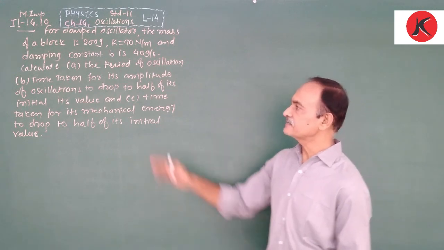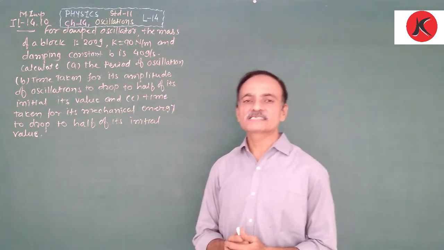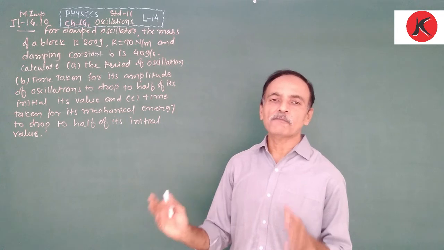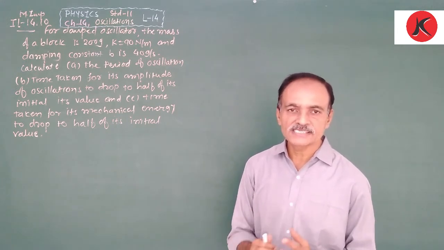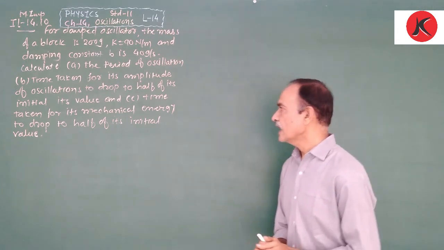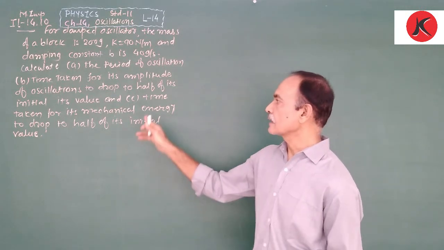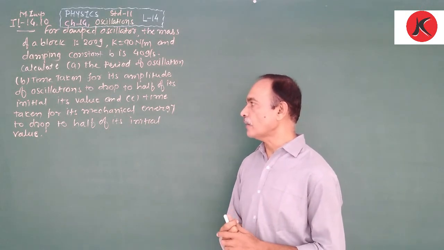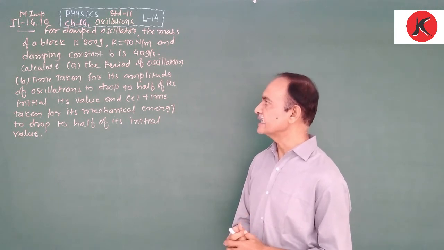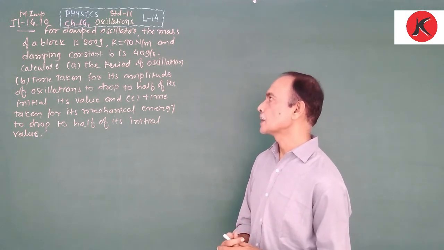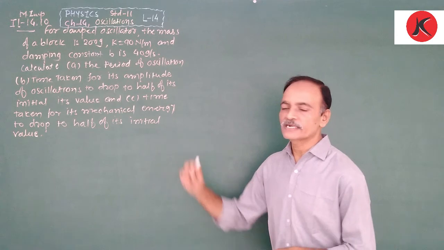That means we have to find out the time for which the amplitude becomes half of its initial amplitude. And next we have to find out the time taken for its mechanical energy to drop to half of its initial value. Clear? We have to calculate this.